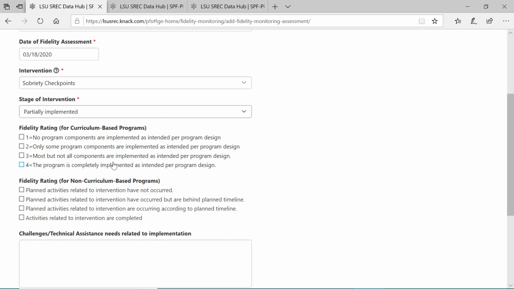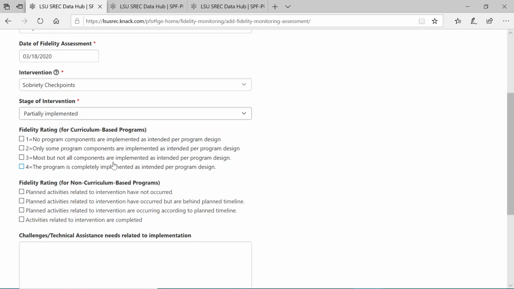And the program components are what we talked about in our learning day last year: who's teaching the class, the time that you spent on the curriculum, that you went in the order that the curriculum calls for, that you use the format that the curriculum calls for, things like that. Those are the program components.